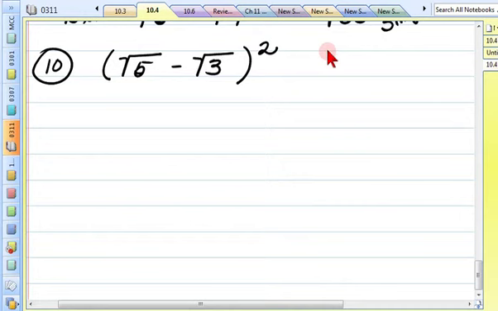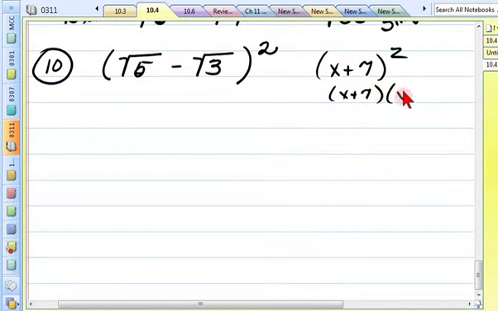Do you remember if you had x plus 7 squared? How'd you do that? FOIL. You could do FOIL, and most people did do FOIL. Most of you said, well, I'm just going to write it down twice and do FOIL. Product of the first, outer, inner, last, and maybe the outers and inners could be added up. There was a shortcut.